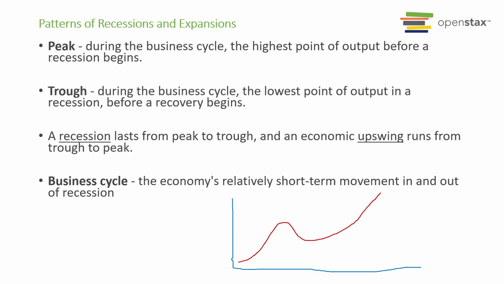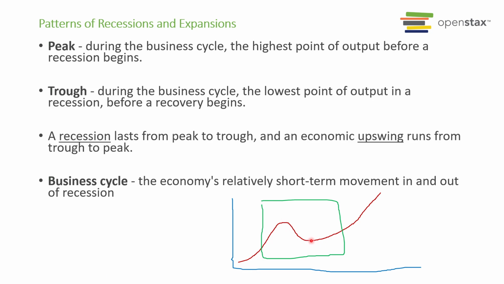So this is the economy's business cycle. We can think of this as one business cycle, starting here and going down. So this here is the peak of the business cycle, and this is the trough of the business cycle.